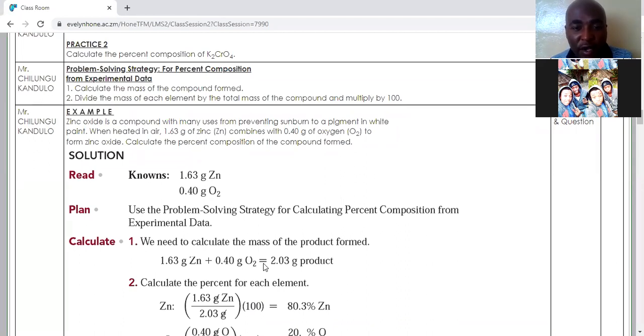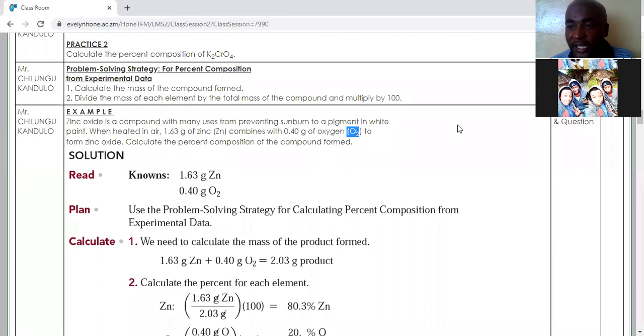As I've said, we have O2, and yet the formula of zinc oxide is ZnO. So you just put the values that you've been given, oxygen and zinc. They react completely to form zinc oxide. So all the O2 goes to form the oxygen in the oxide.